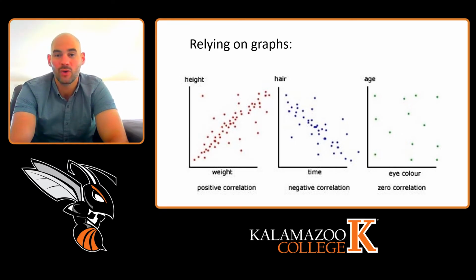However, we can't tell whether one variable causes another variable. We don't know whether being taller, having more height, causes more weight gain, or whether more weight gain causes more height. Obviously, from our own understanding, we may have an idea, but looking only at these graphs, we can't really tell.